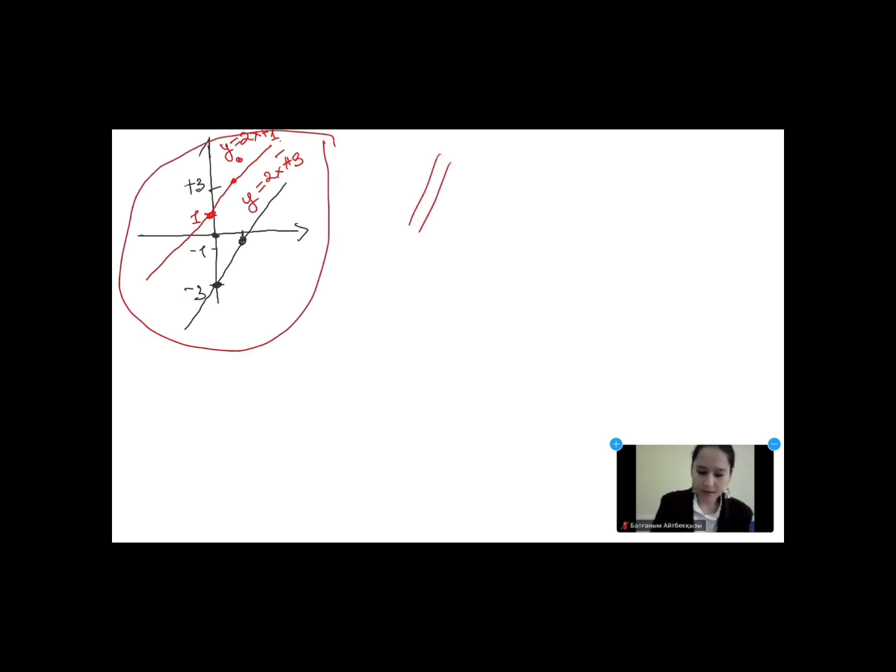This one is the parallel graph. K1 is equal to K2, and so that's why y1 is parallel to y2. The first part is over, and the second part.